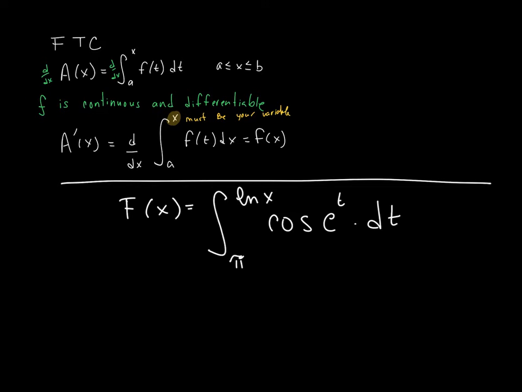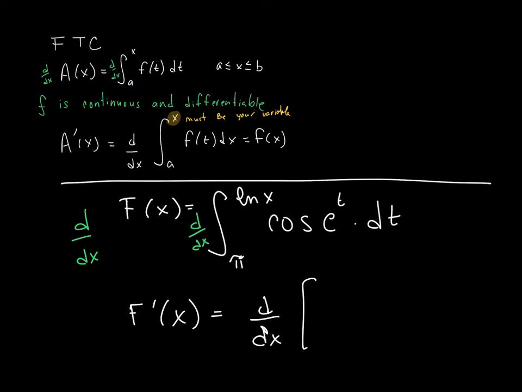So this is almost in the form that we need, but we will start by taking d dx, or the derivative of both sides. And when I have that, now I'm left with the derivative of f of x is equal to d dx of the integral from ln of x to pi of cosine of e to the t dt.